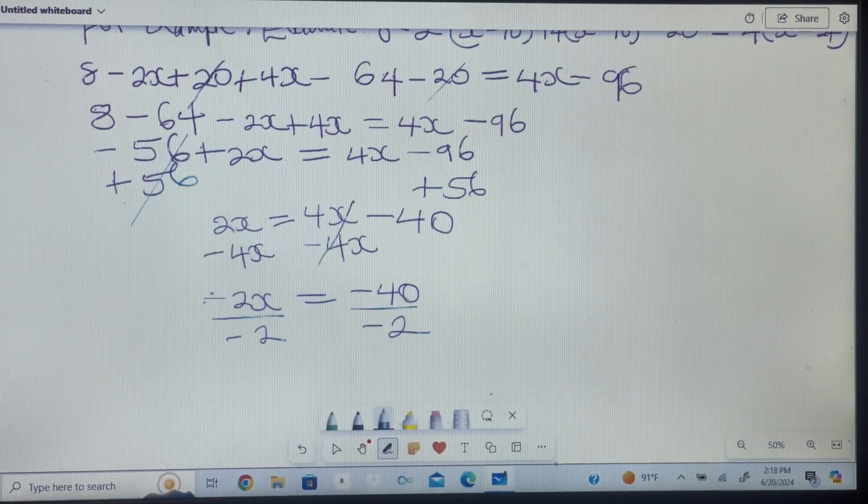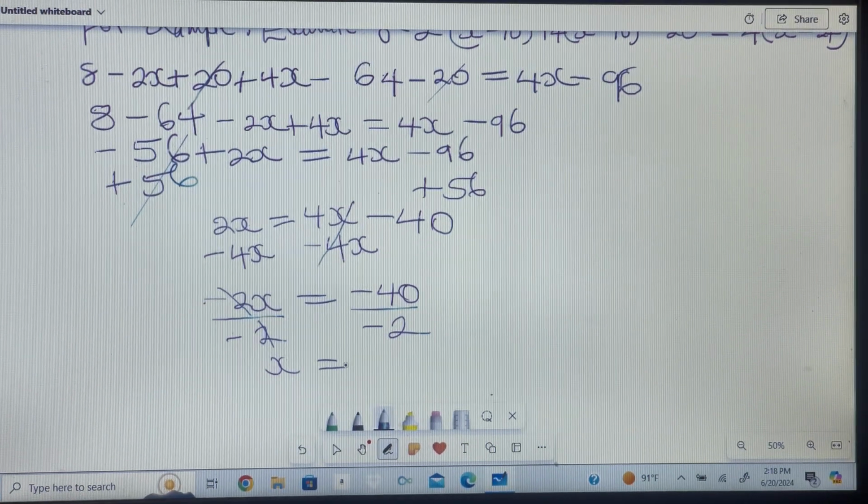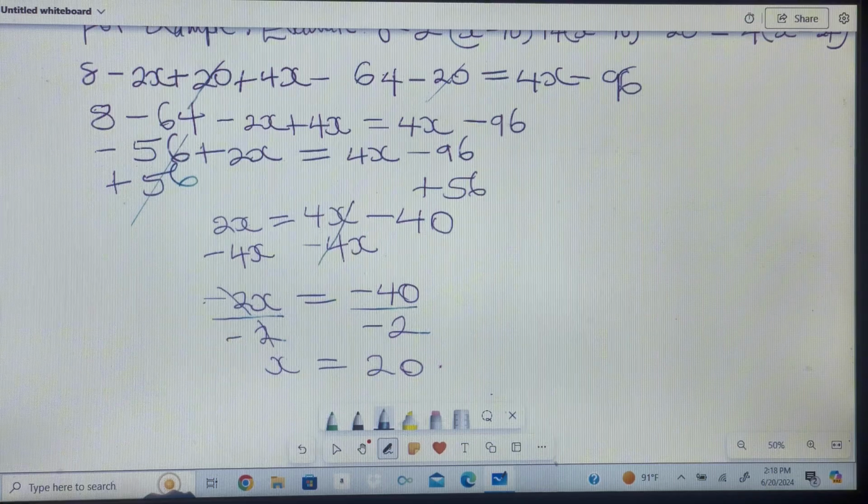So the -2 cancel each other, and we have just x by itself. x will be equal to -40 divided by -2. Negative divided by negative is positive. 40 divided by 2 is 20. So we have positive 20. So x is 20. That's your answer.